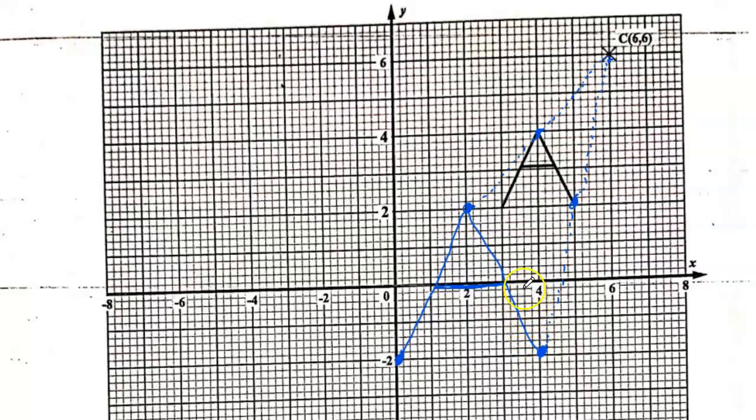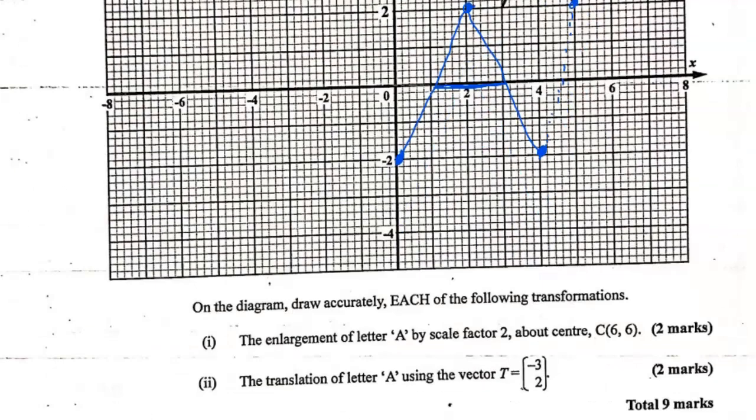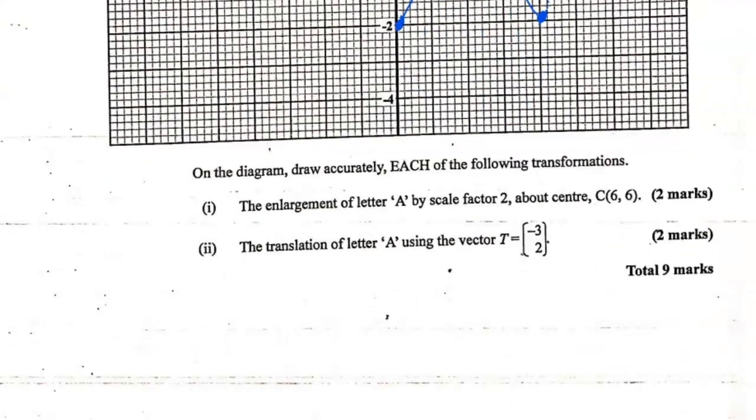Next, let's see what we're asked to do. We're asked to translate the letter A using the vector (-3, 2).